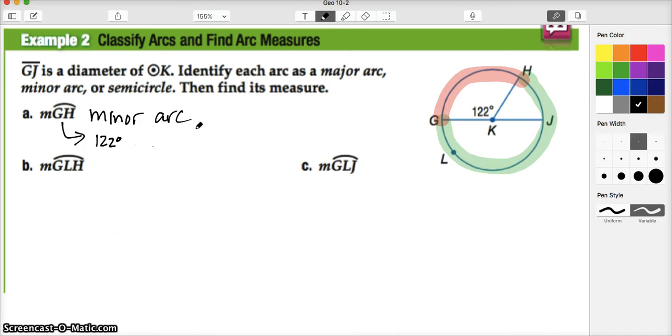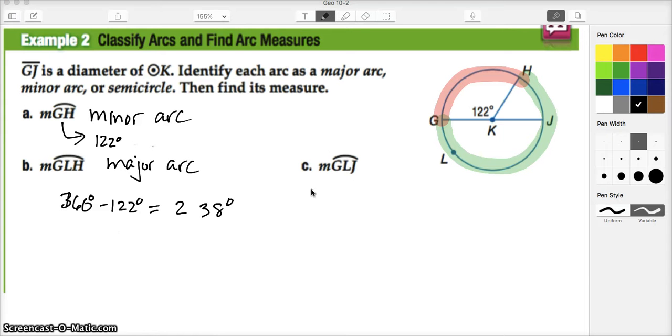But first, let me answer the first question. We have a major arc here, and we can tell just by the 3 letters used to indicate the arc. Secondly, we need to calculate. I keep wanting to write 180, but it's 360. 360 minus 122 is going to be 238. I think I'm doing that right. You can let me know. I'm sure you guys will be like, you're wrong.